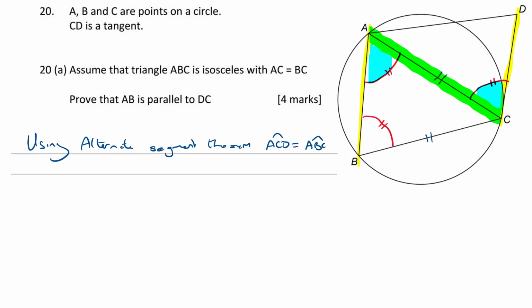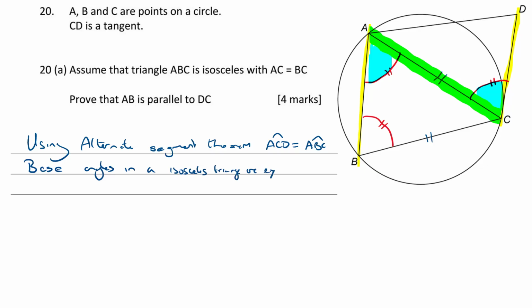And then because base angles in an isosceles triangle are equal, that means that angle ABC is equal to angle BAC.